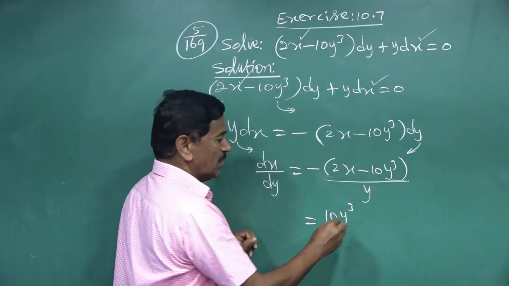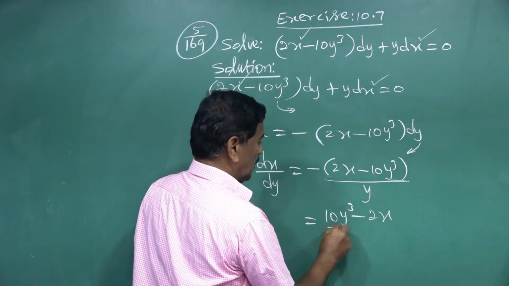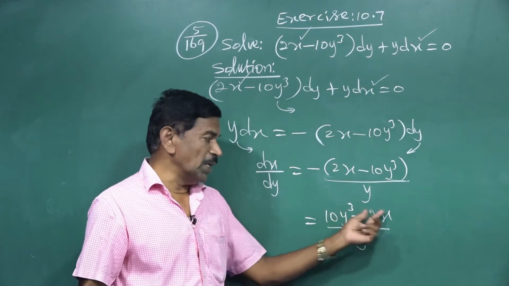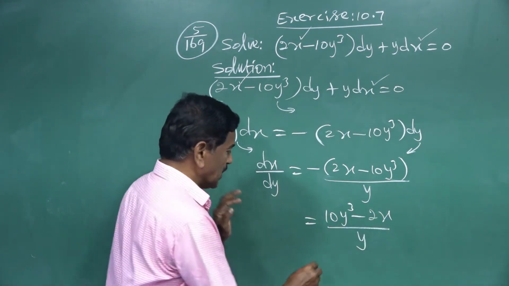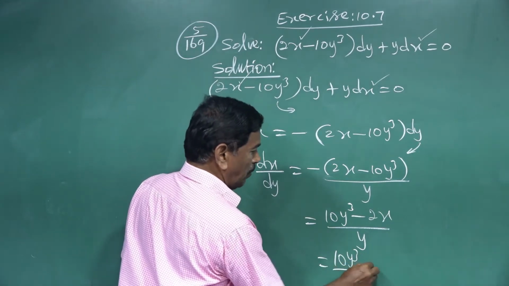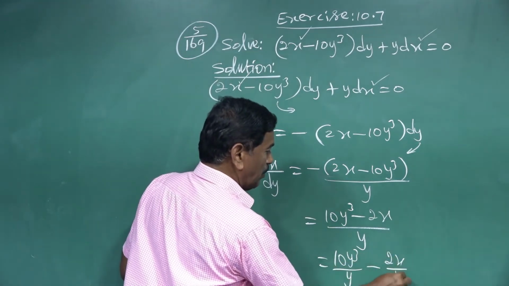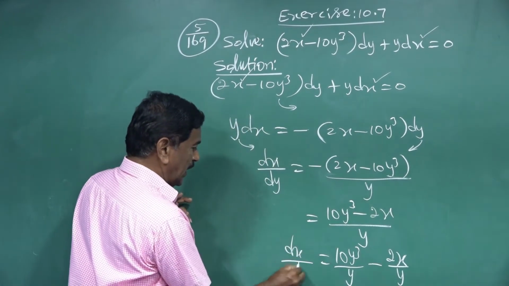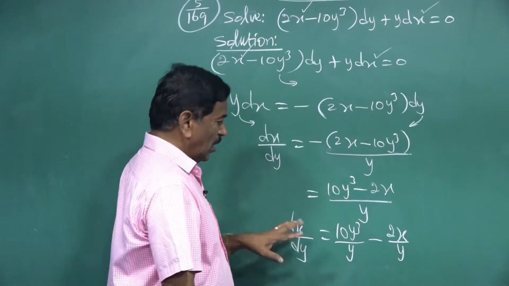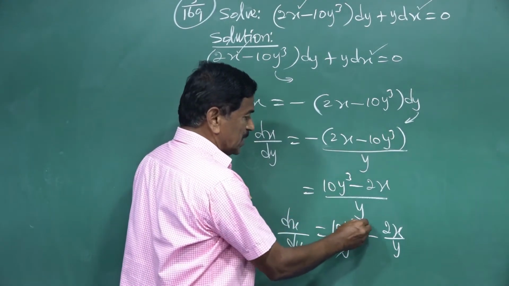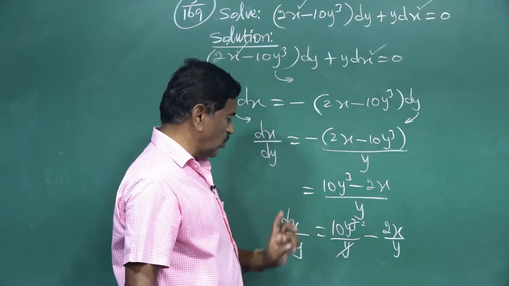Minus into 2x, minus 2x, divided by y. Now this y belongs to both numerators. Split it, we get 10y cube divided by y minus 2x divided by y, whose left side is dx by dy. Now using pencil, y cancels fully; the cube reduces, remaining the square, that is 10y square.